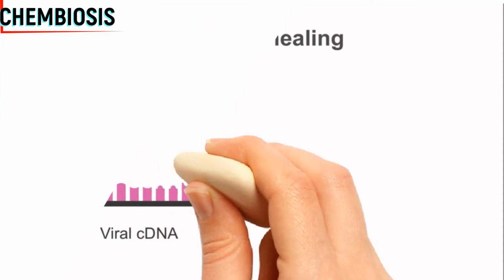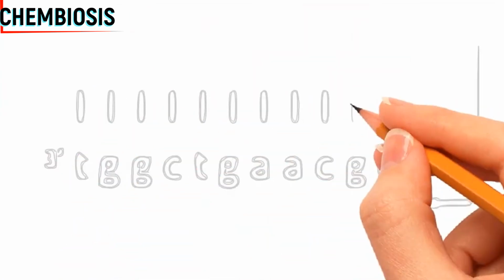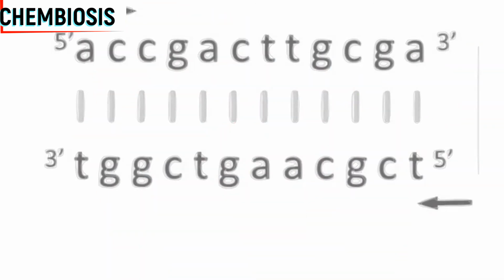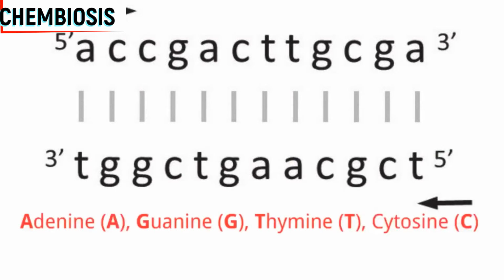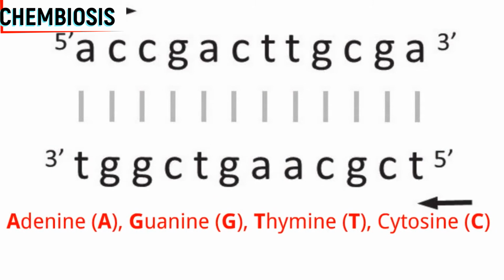Friends, you can understand this concept of complementary sequence from this picture. You can see that this picture contains the sequence of some nitrogen bases. There are basically four types of nitrogen bases present in a nucleotide chain. These nitrogen bases are adenine, guanine, thymine and cytosine.